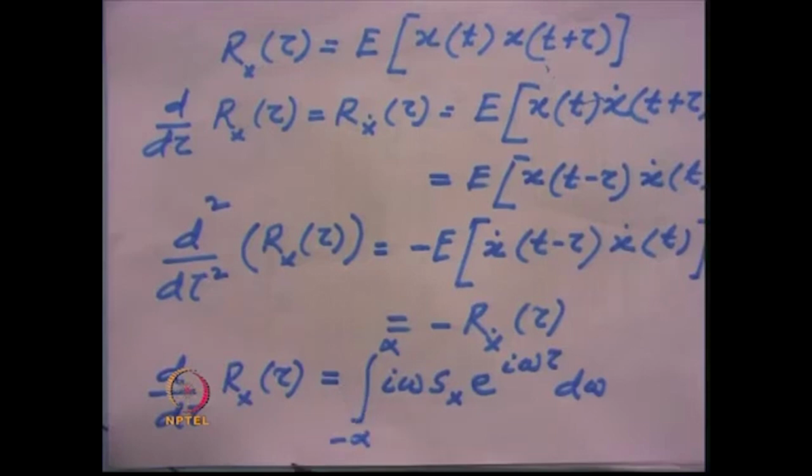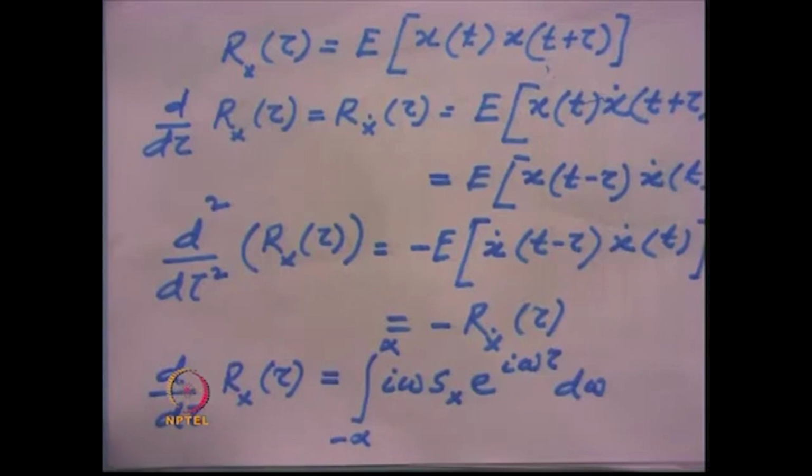They form the Fourier transform pair that we discussed before. Therefore, r x tau is equal to integral of S x into e to the power i omega tau d omega. Now, if I differentiate it with respect to tau, then we get i omega into S x e to the power i omega tau d omega.